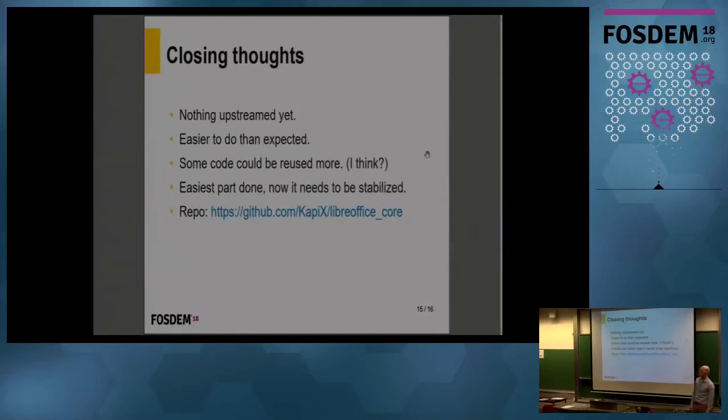It just needs to be stabilized, but that will obviously take much more work. Here is a link to the repo where you can find all the code. I will try to upstream some of it, but that might happen a bit later.